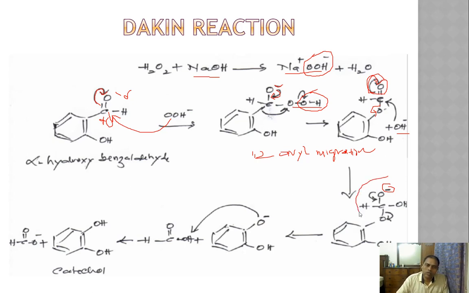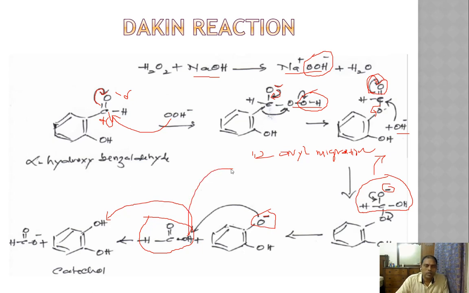As a whole, this whole thing will come out because of the break over here, and this will get negatively charged, and formic acid is going to get formed. Because this is getting removed, formic acid is going to get formed, and the hydrogen from here is going to get shifted to this. This is electronegative here because of this negativity over here.